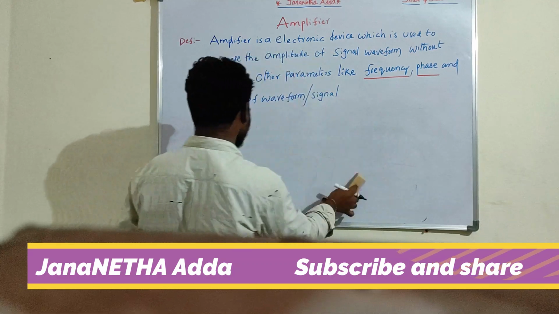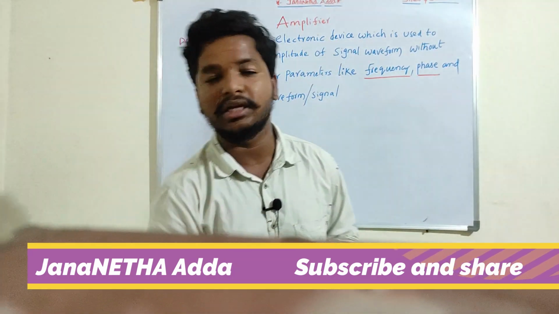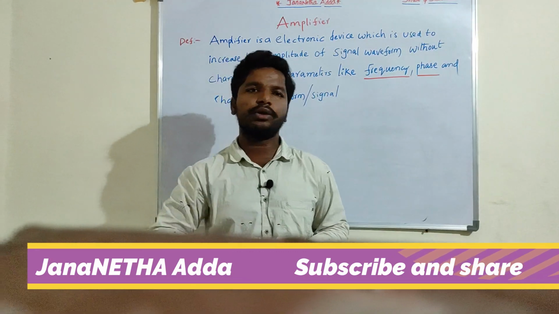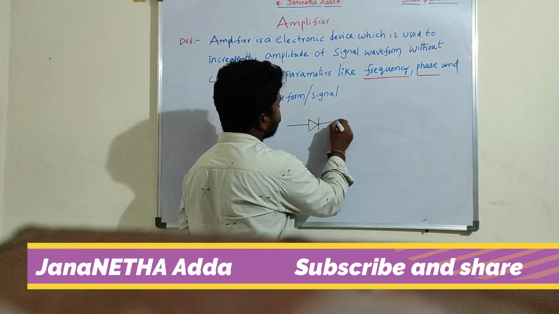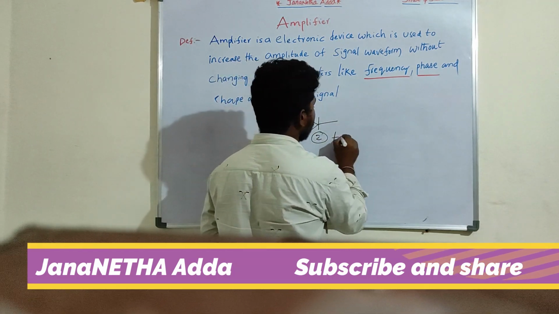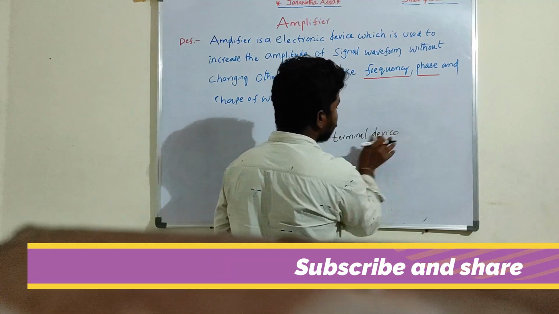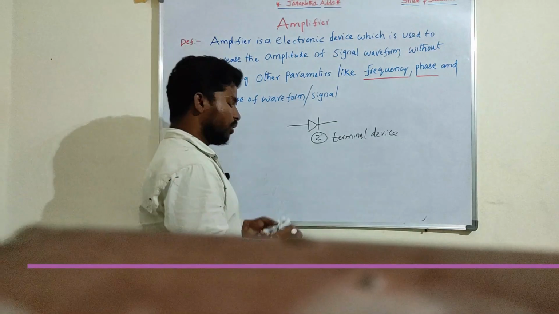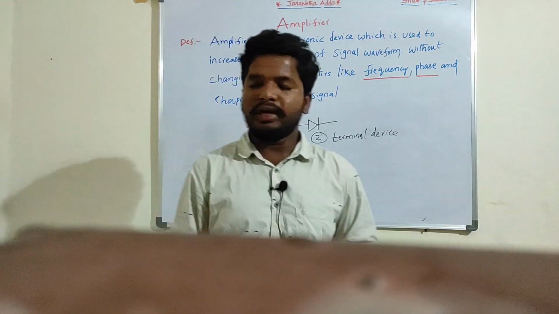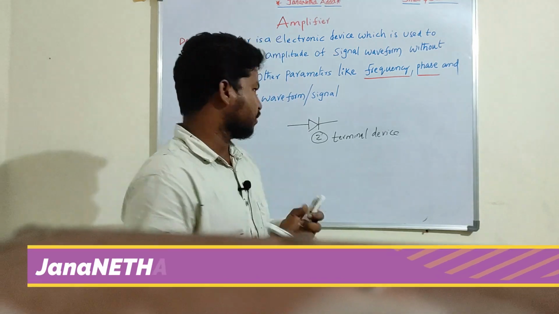amplifier. So to design an amplifier, we require at least a 3-terminal device. The diode is a 2-terminal device. By using a 2-terminal device, we cannot design an amplifier. So to design an amplifier, we need at least 3 terminals from a device.